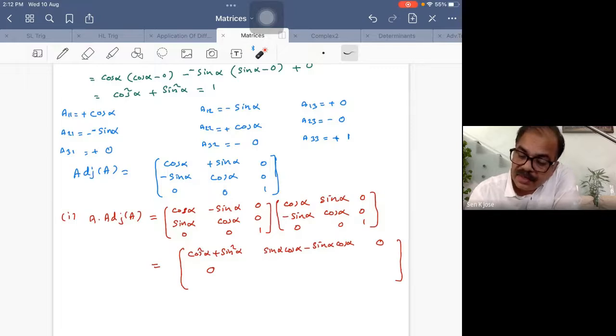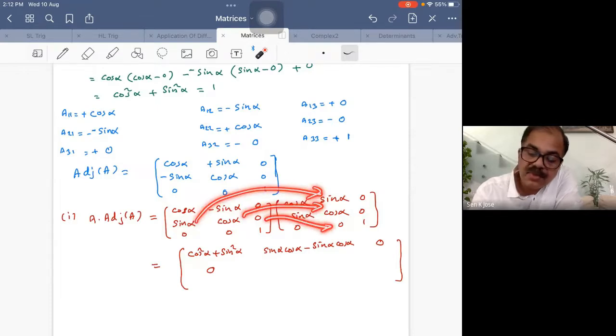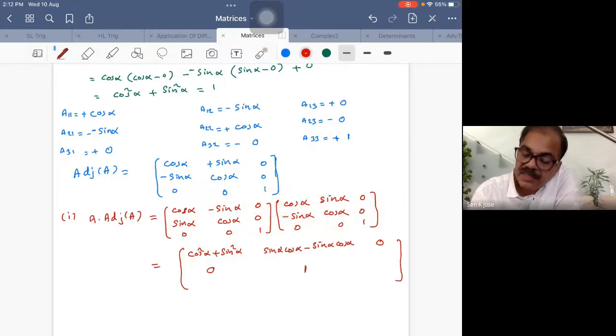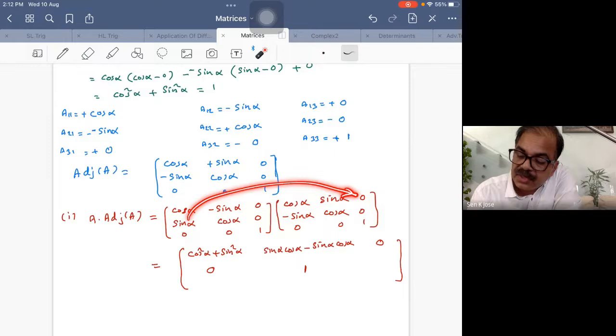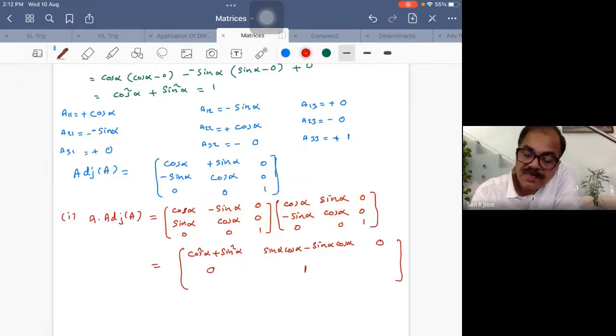Then the second row into the second column gives sin square alpha plus cos square alpha plus 0, so that's going to be 1. Then the second row into the third column: every single element is 0, so the total is 0.